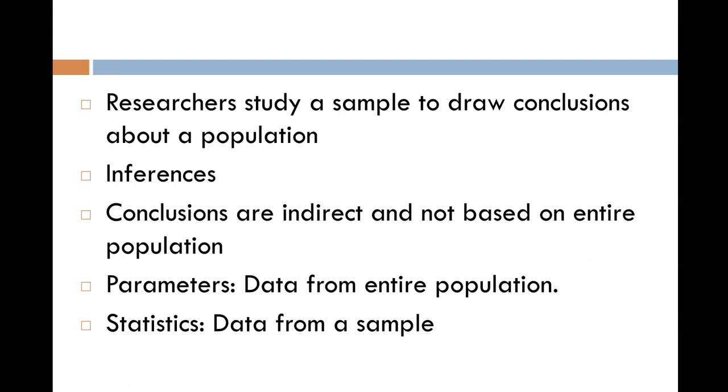So researchers study a sample to draw conclusions about a population and to be able to make inferences. We found this information about the sample, and we're going to infer that information to the population at large. So conclusions are indirect and not based on the entire population.